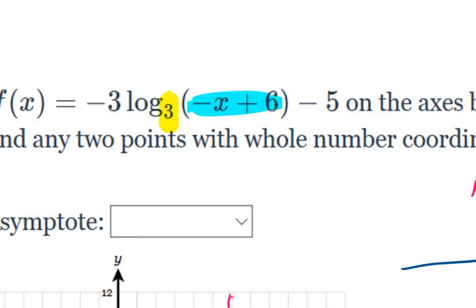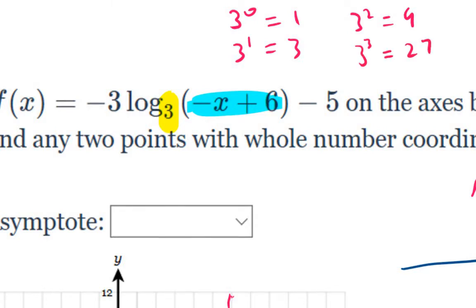So remember, all the powers of 3 are like this: 3 to the power of 0 is 1, 3 to the power of 1 is 3, 3 to the power of 2 is 9, 3 to the power of 3 is 27. Let's stop right there. So we want this stuff inside the parentheses to be one of those numbers.